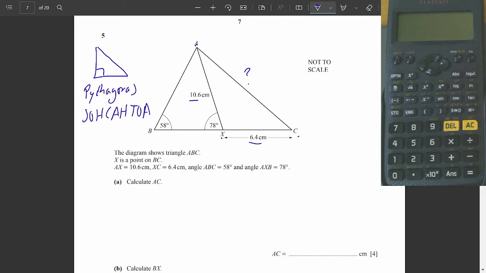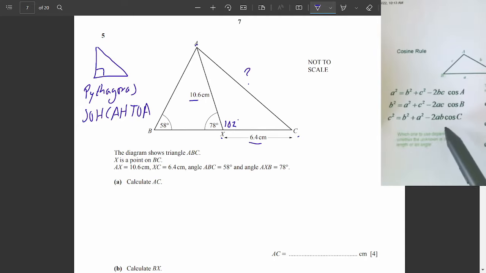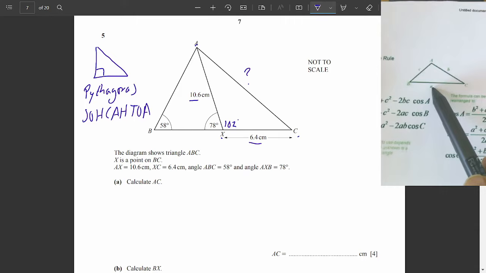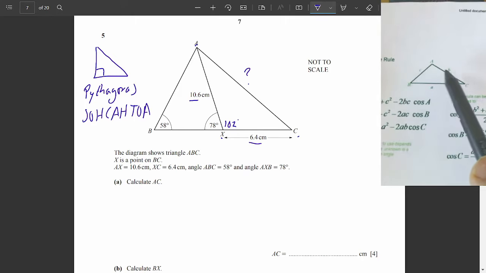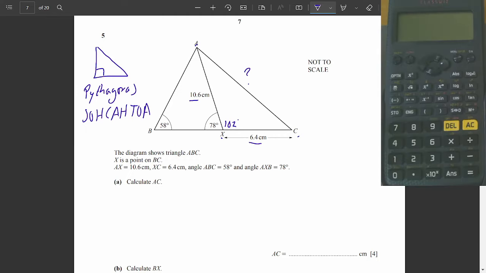And yes, we can work out this angle over there by simply doing 180 minus 78, which will give us 102. So which rule to use? Okay, in this case, we use the cosine rule. Cosine rule is helpful when we want to know a side, and we have the opposite angle and the two sides next to it.